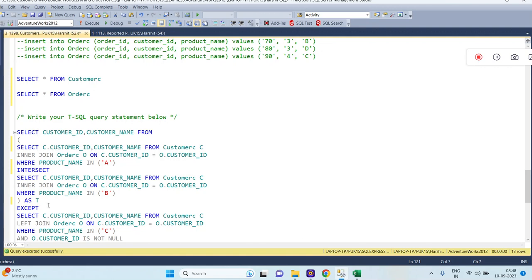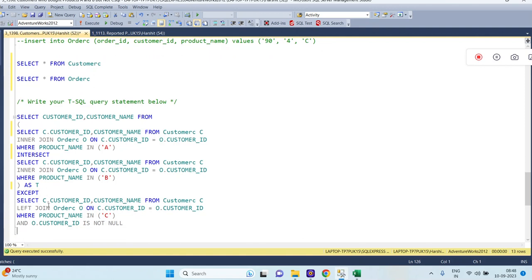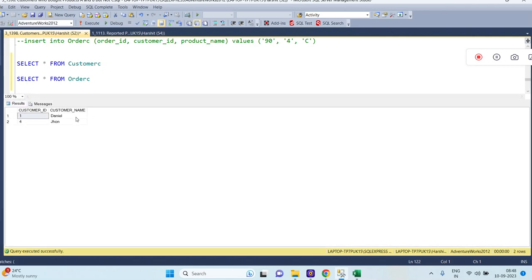Our requirement now is that we accept this result set only from those customers who have not purchased product C. So if you see over here, 1 and 4.